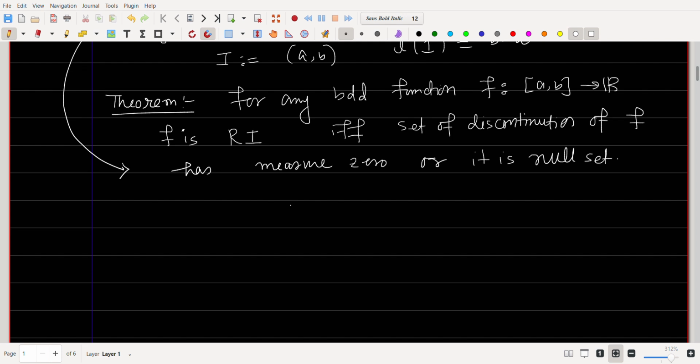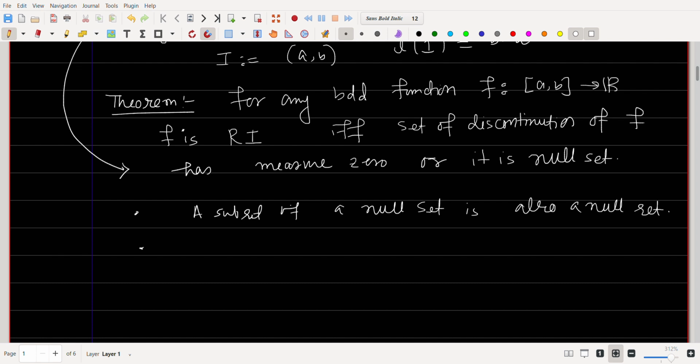You can also check some properties of a measure 0 set or null set. A subset of a null set is also a null set, and this is simple to prove.